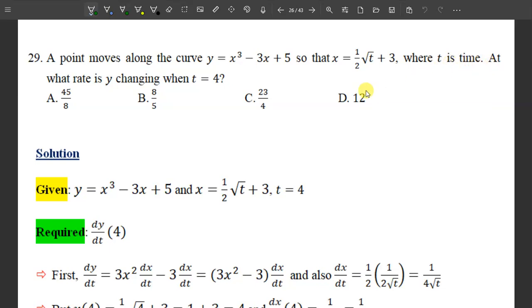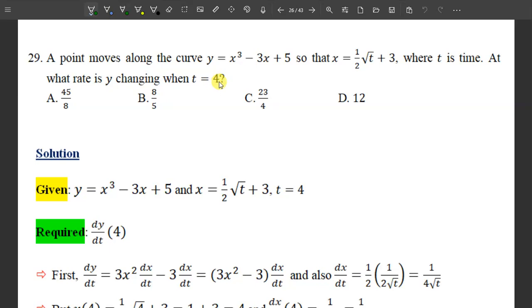At what rate is y changing when t is equal to 4 units? It can be four minutes or four seconds or four hours, whatever it is. Anyway, there is no unit here. Our t is 4 units.